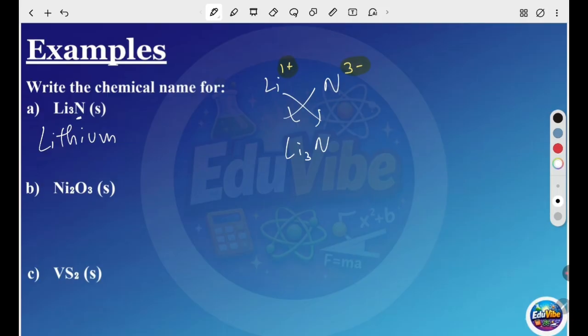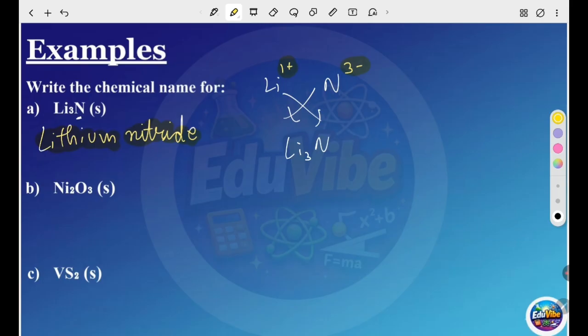For nitrogen we write nitr, but we drop the last part, and replace it with ide, because this is nitrogen, not a polyatomic ion, so we replace the last few letters with ide. So from here we get lithium nitride.